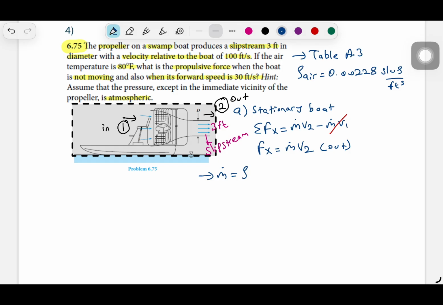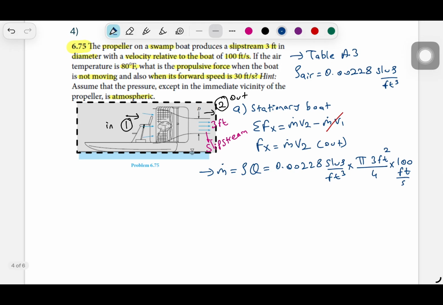So it is rho Q, and rho is given as 0.00228 times pi d squared over 4, which is 3 feet, over 4, times 100 feet per second. So this is the mass flow rate for the system.